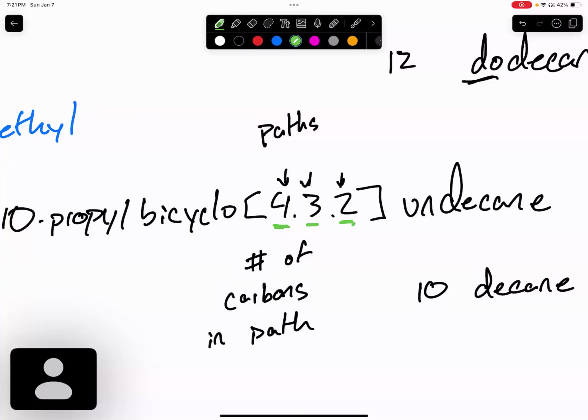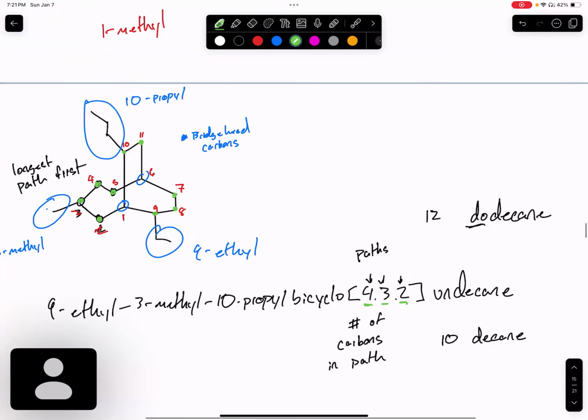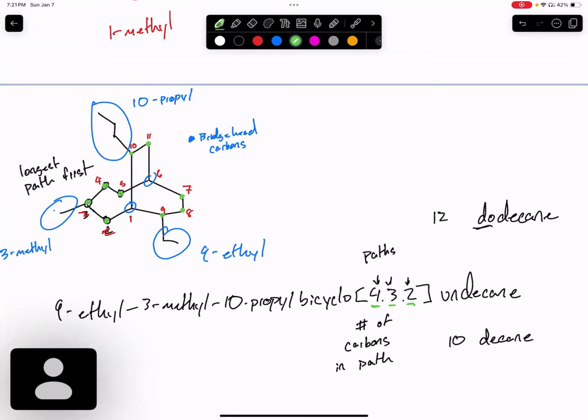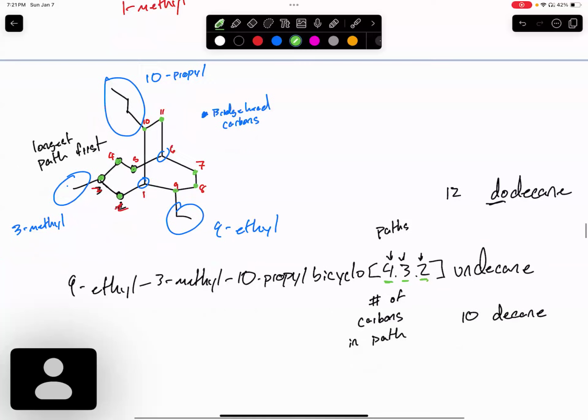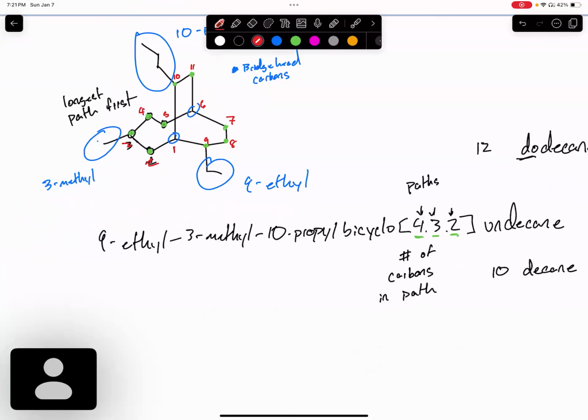I have a question. Go ahead. Can you explain why we have to write 9 ethyl first instead of 3 methyl? Because it's going by alphabetical order. So E before M. Oh, okay.